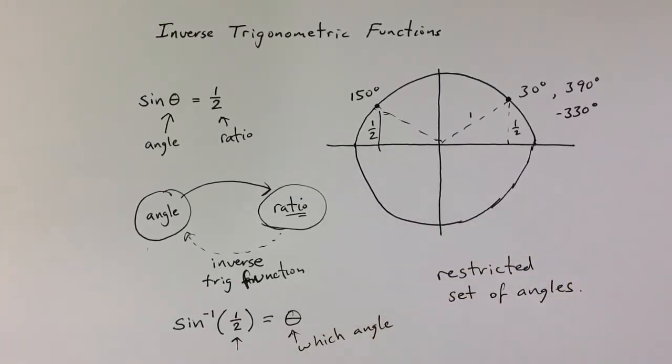We'd like our choice to be as simple as possible, so we'd like it to be numbers that are small, maybe close to 0, and preferably positive. And so we'll take a look at the sine and other trigonometric functions and see how we choose the restricted set of angles in order to create an inverse trig function.